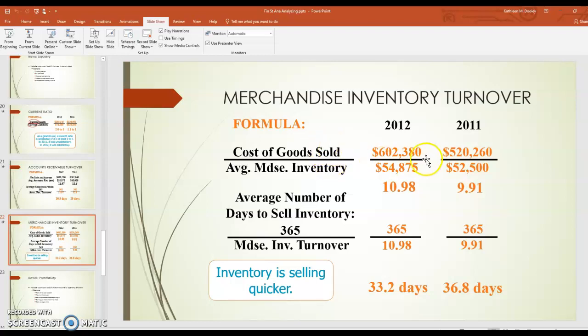So our cost of goods sold for 2012 divided by the average inventory is 10.98. So about 11 times a year our inventory would sell out. In 2011 it was about 10 times.